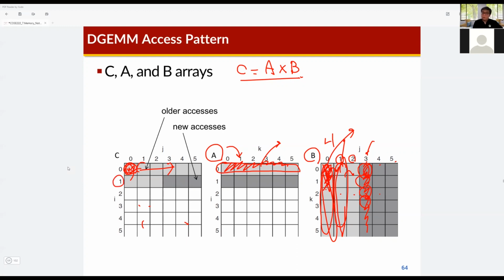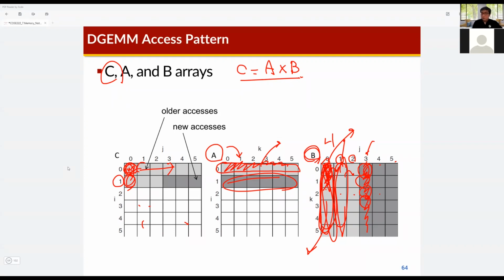What's the problem? For the next row of the result matrix C, we require a new row from matrix A. But for this element, we need the data of this row and this column. We know that this column will be repeatedly used for this matrix multiplication.